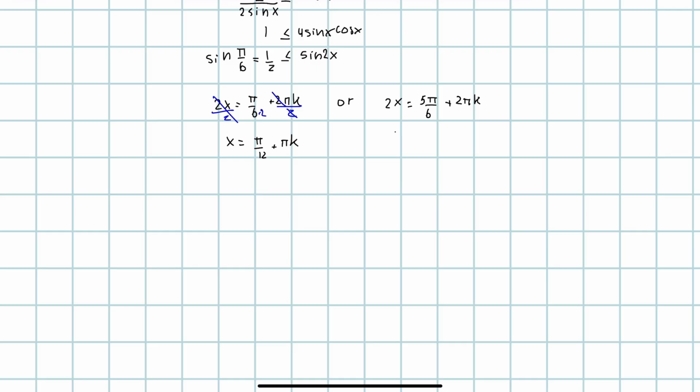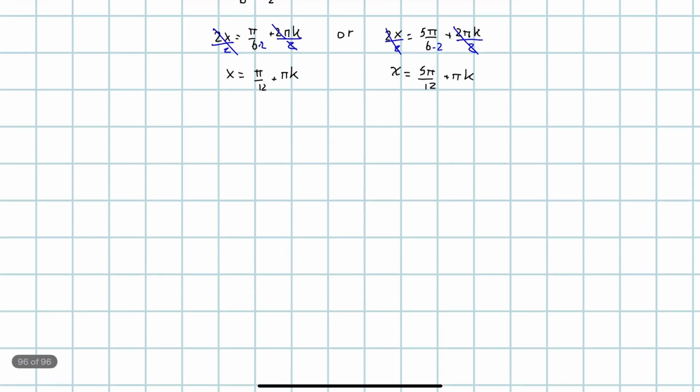For this solution, you have to divide by 2 as well, so cancel those out. Then you have 5 pi over 12 plus pi k. This is going to give 5 pi over 12 and 17 pi over 12. Okay, so now x is pi over 12, and then 13 pi over 12. Now, those are going to be your solutions.